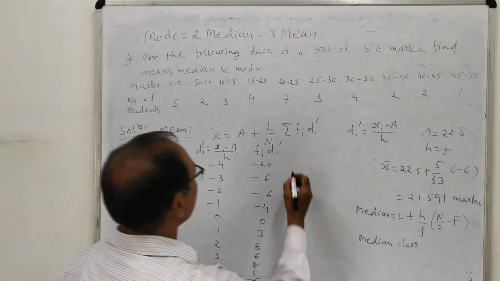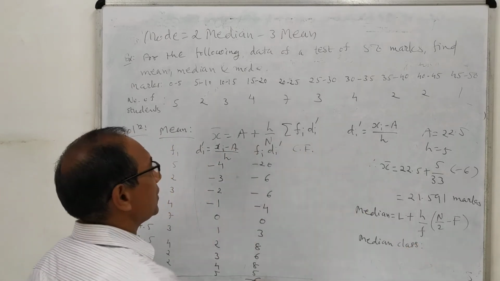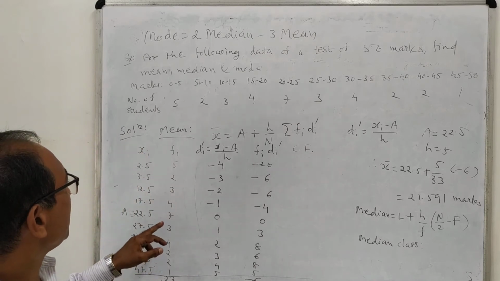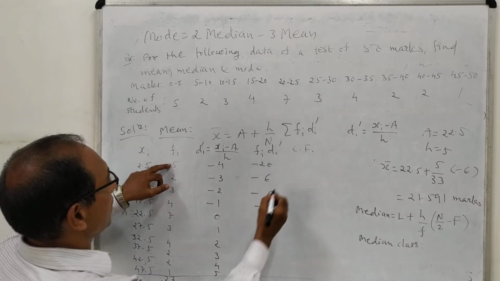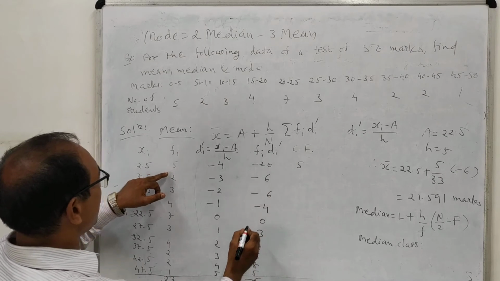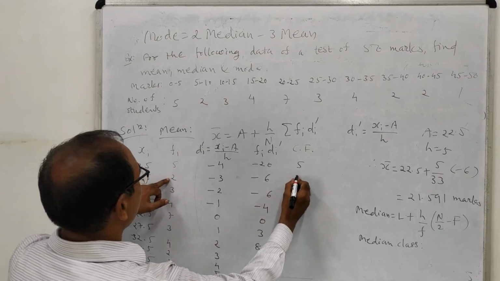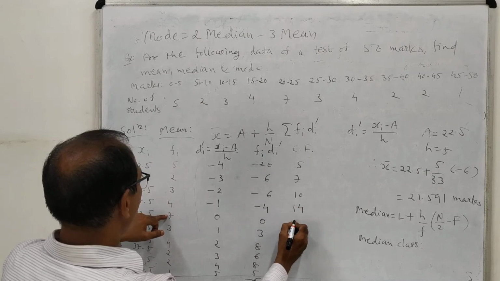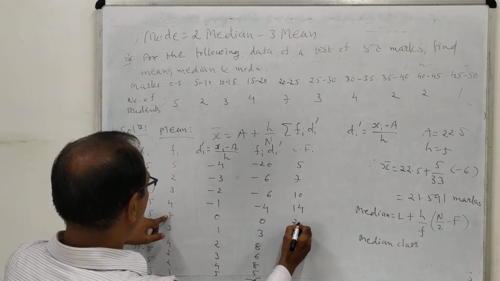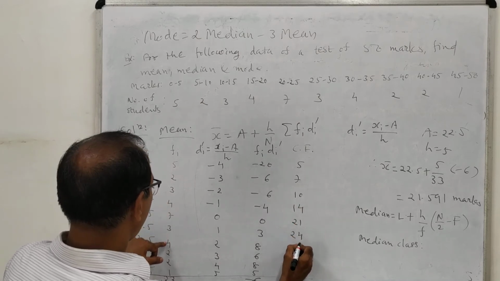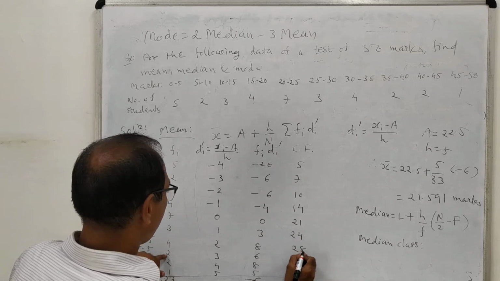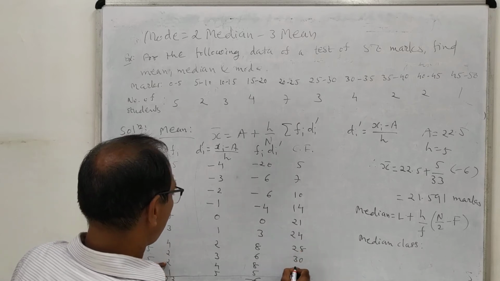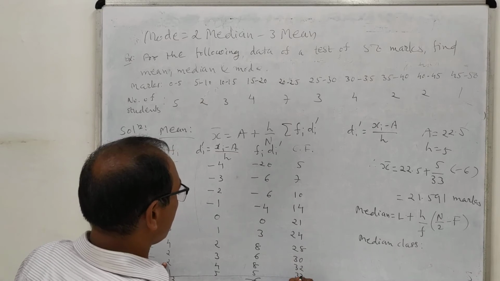To find the median class we need the cumulative frequency, which means the running total of the simple frequencies. 5 plus 2 is 7, 7 plus 3 is 10, 10 plus 4 is 14, 14 plus 7 is 21, 21 plus 3 is 24, 24 plus 4 is 28, 28 plus 2 is 30, 30 plus 2 is 32, and 32 plus 1 is 33.